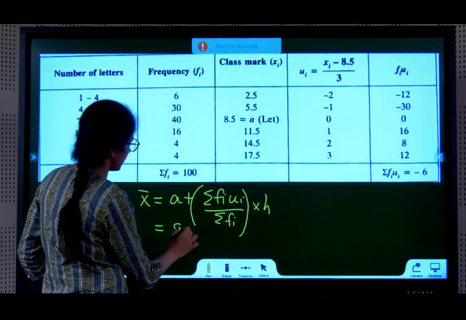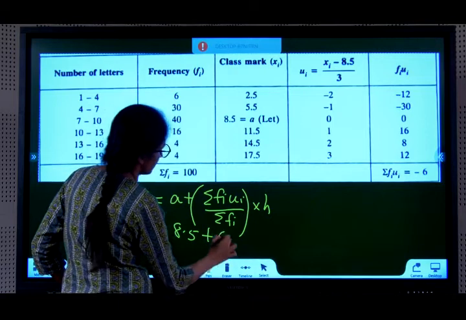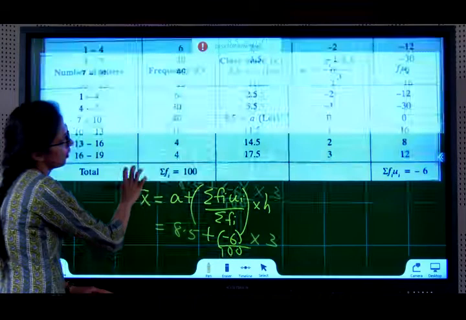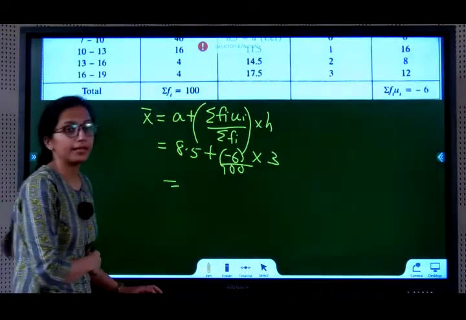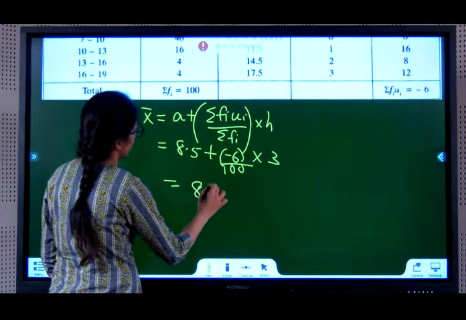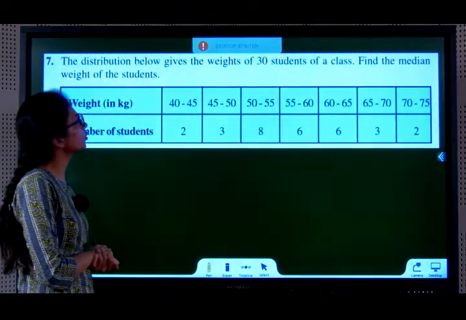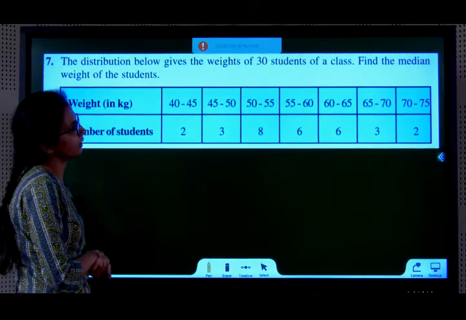A assumed mean 8.5 plus minus 6 by 100 into 3. On solving this, we get 8.32.